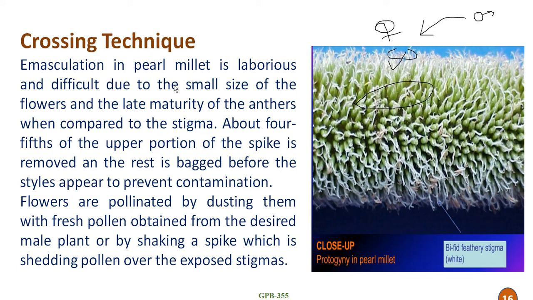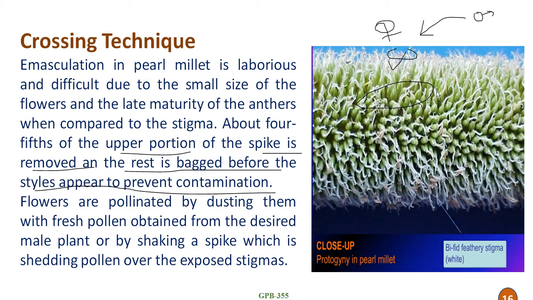Emasculation in pearl millet is laborious and difficult due to the small size of the flower and the late maturity of the anthers compared to the stigma. About 4/5 of the upper portion of the spike is removed, and the rest is bagged before the styles appear, to prevent contamination.